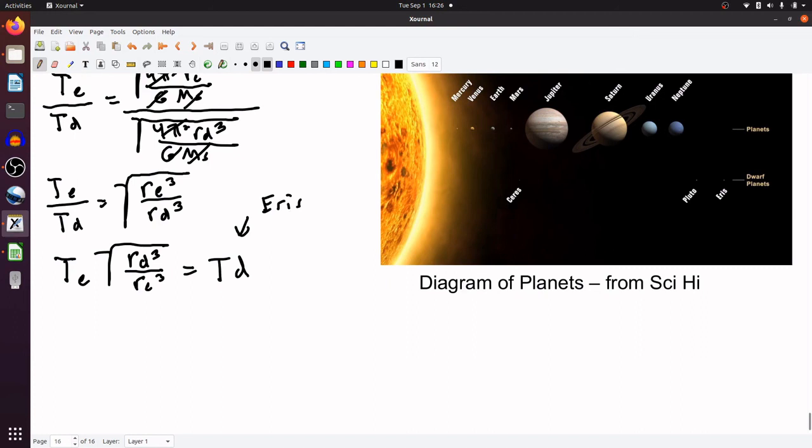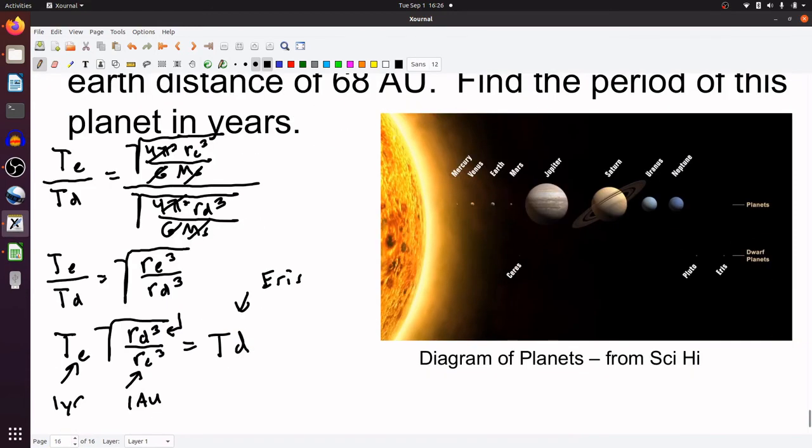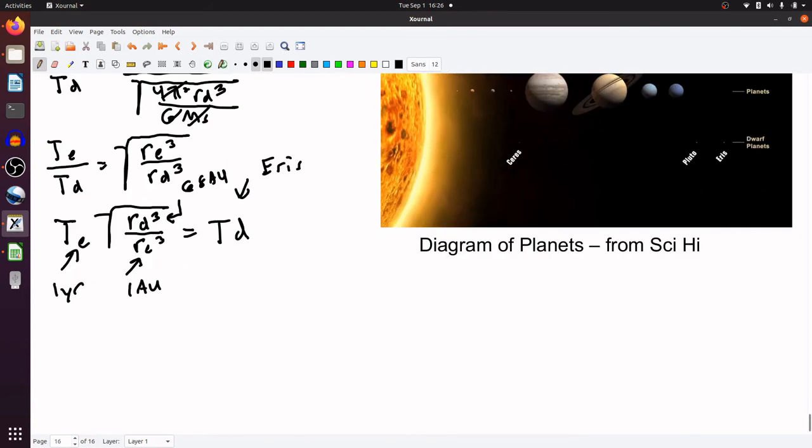Okay, well, what do I know? The reason I did this is because I know that the Earth will take 1 year to rotate around the sun. So I know what TE is. We also know that RE is equal to 1 AU, and we were given the fact that RD is equal to 68 AU. So I'm going to plug in all this information and see what I can come up with.